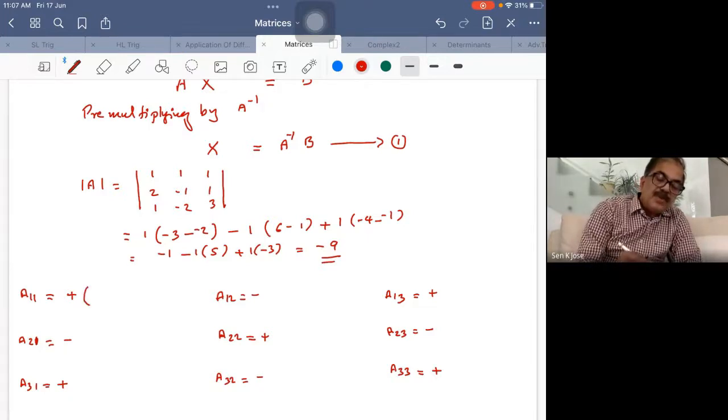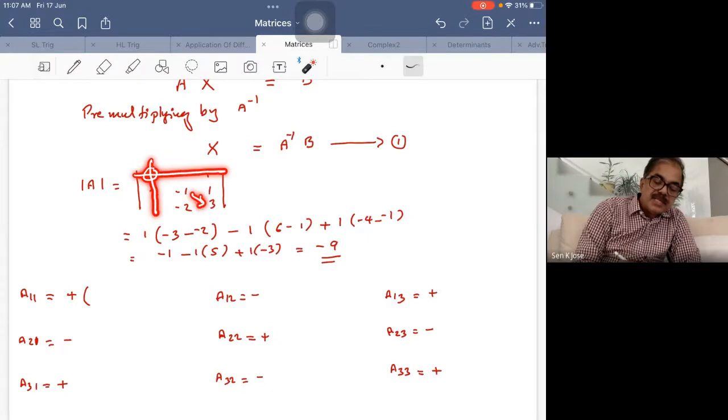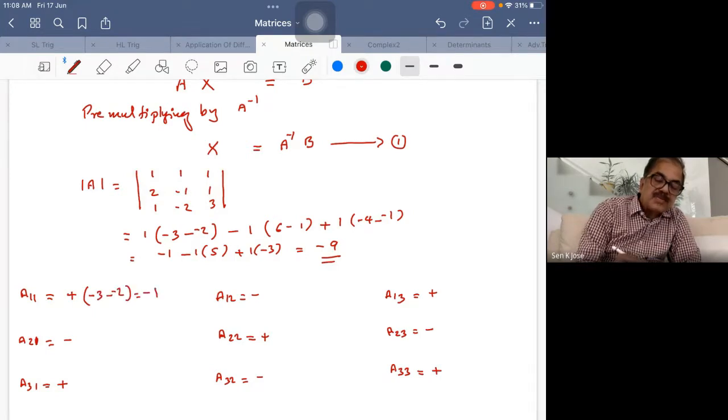Now I am going to evaluate it. So for this element, ignore the element, delete the row and the column, cross multiply. Minus 3 minus minus 2. It's going to be minus 1.